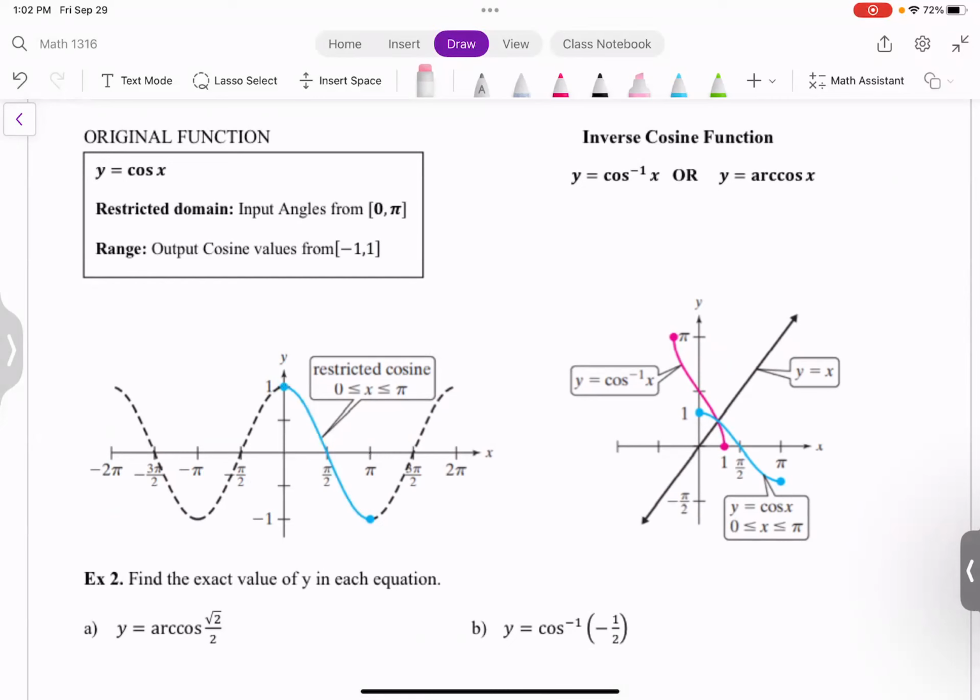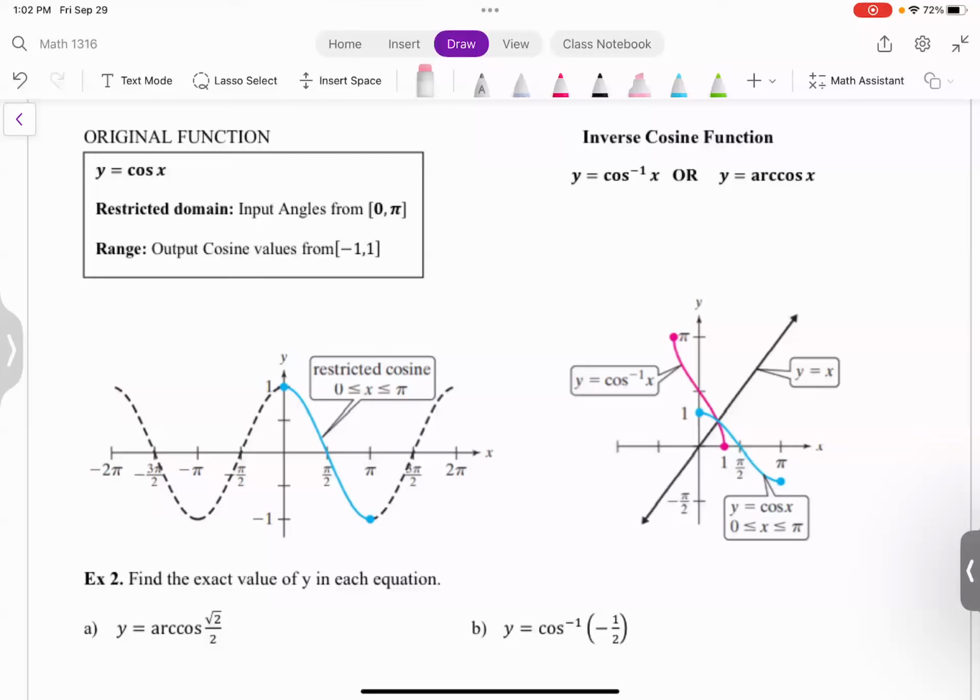Some students asked me why I didn't choose the same interval as the sine. You remember the sine is between negative half pi and half pi. If I choose the graph like this, is it one-to-one? No, with a horizontal line I have two intercepts. That's the reason I only choose the interval from 0 to pi.